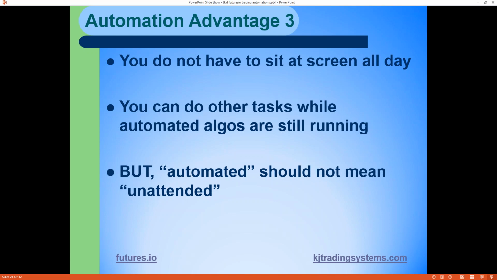The big thing, a lot of people think automated trading means unattended. And that's a fallacy. You don't have to be glued to your screen, but you got to know what's going on because there's a lot of weird things that happen with unattended trading when you just let it go.